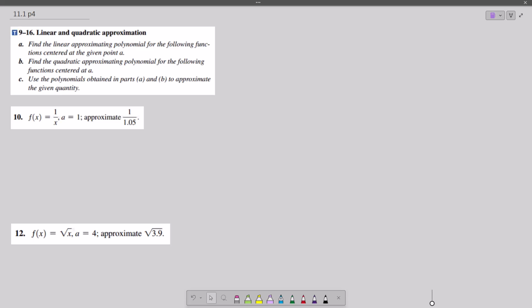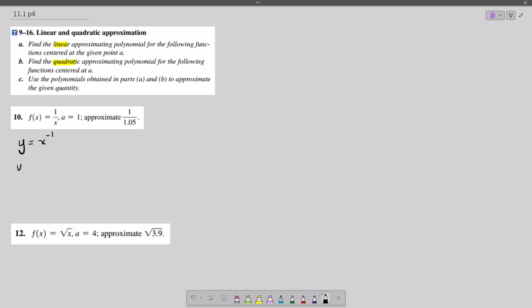They give us a function, and they give us a center, and they want us to build the linear and quadratic approximations. In building these, it's helpful to be very systematic, and I usually create a table type of thing. We're going to start with the function, and I'm going to use y's instead of f's. It's just a little bit less messy. So here is the function.